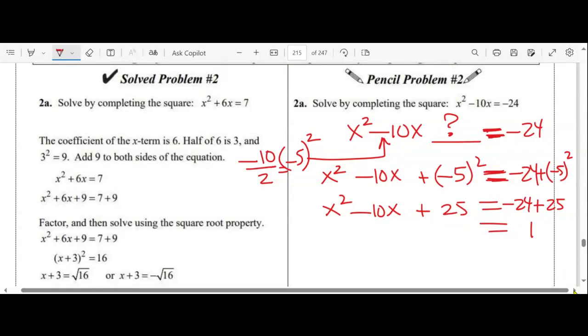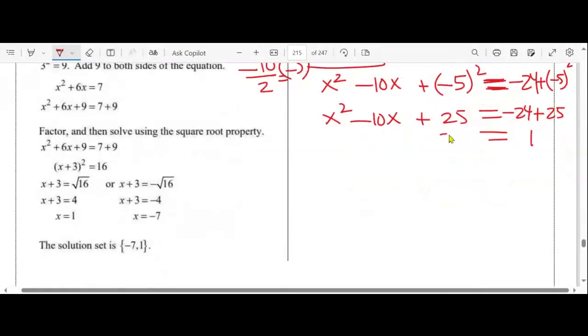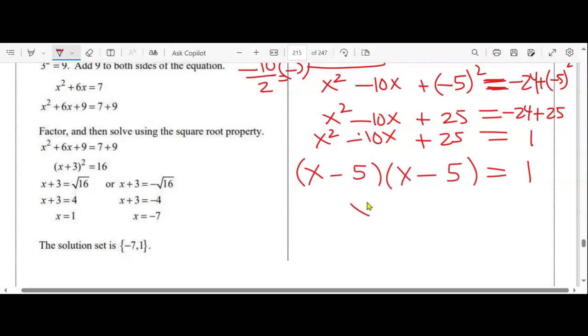Now, can I factor the left one? Can I factor it? How much do you get if you factor it? x minus 5, x minus 5. Factoring it is going to be x minus 5 squared. Now, how can I get x?